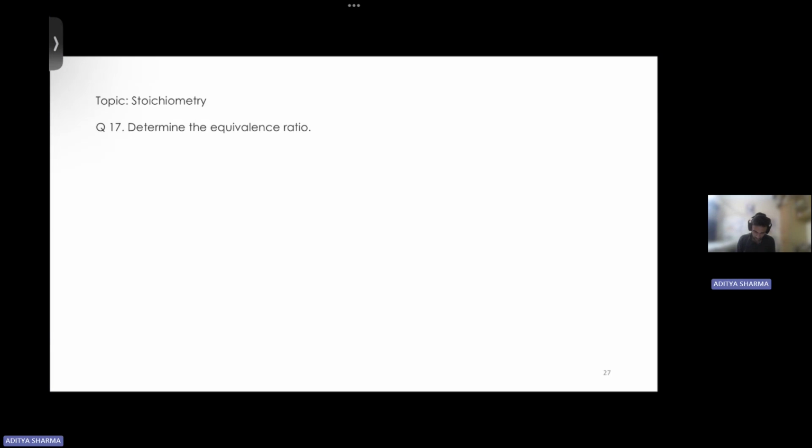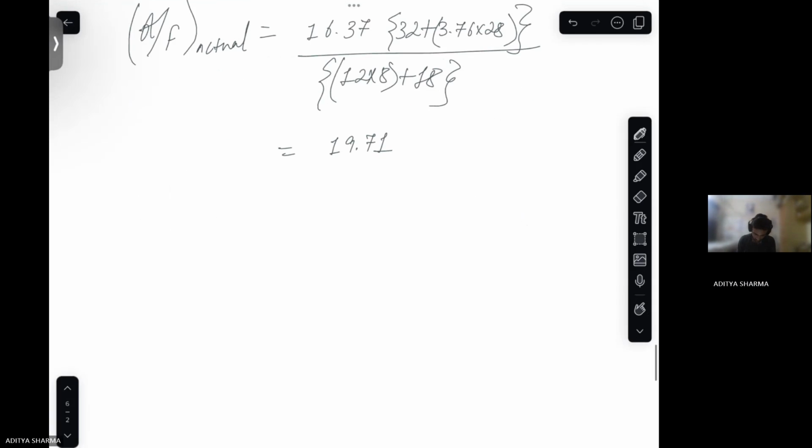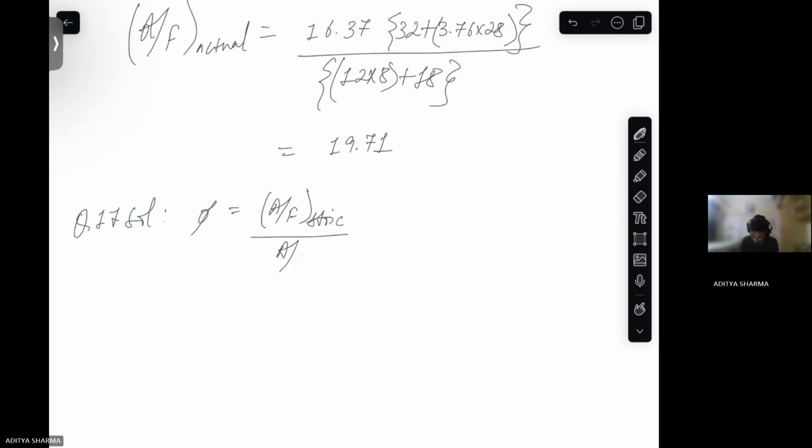Now if you solve for your equivalence ratio, the stoichiometric air to fuel ratio is 15.05.